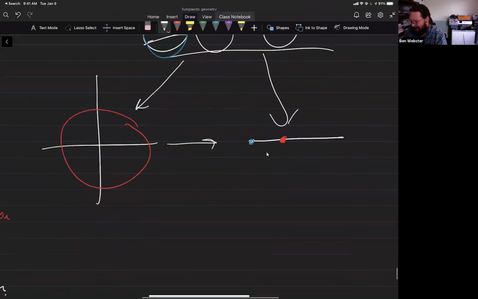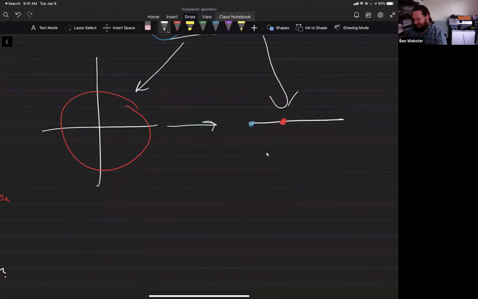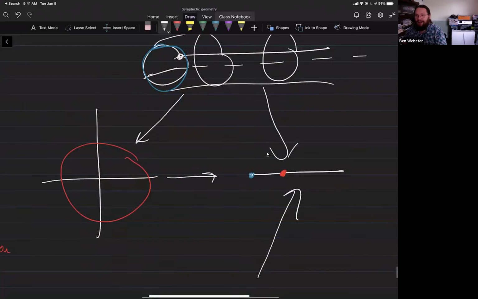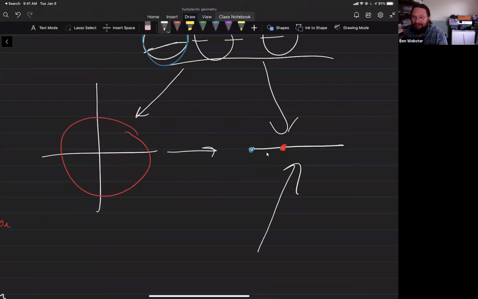If I had some other guy mapping down here via the moment map to R plus, I would be able to put it in bijection with the cylinder. And whatever this slightly funny behavior around the circle that's getting crushed out is, the other guy would have to have the same slightly funny behavior involving square roots.